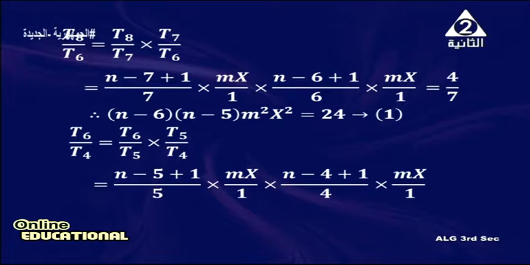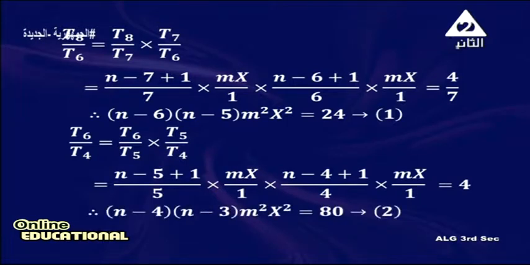Therefore, we deduce that, from the given, n − 4 times n − 3 times m²x² equals 80. Look at, my dear student, equation 1 and equation 2. We have 3 unknowns: n, m, x.